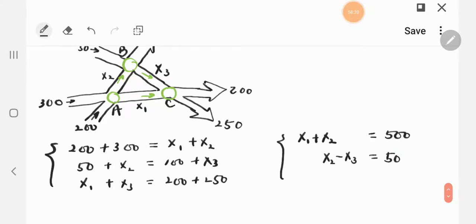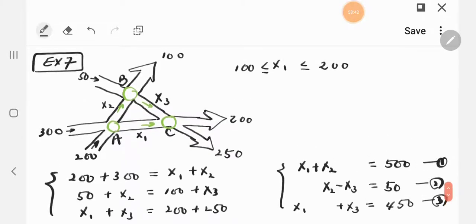The third equation is x1 plus x3 is equal to 450. So we have 3 equations. Let's find x1, x2, and x3 from these 3 equations.